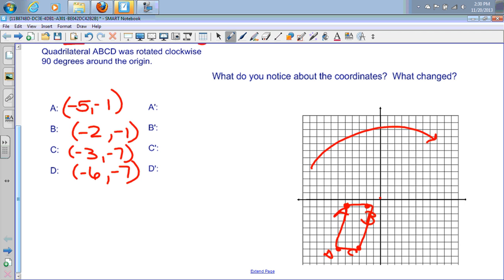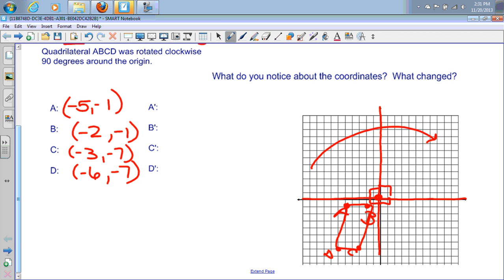Well, look, this is a perpendicular line. Each quadrant is 90 degrees. So to get it to 90 degrees, it's going to rotate into the next quadrant around the origin.